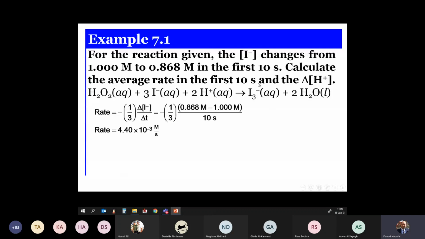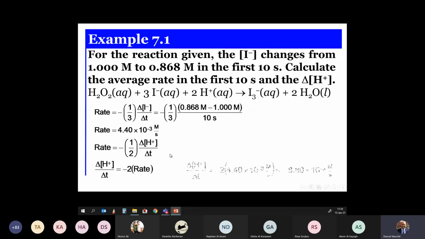We can calculate the average rate of I minus for delta t equal 10 seconds, which equals 0.868 minus 1 divided by 10, with the rate being minus delta I minus divided by delta t. This average rate of I minus divided by the stoichiometry 3 gives the average rate of the reaction for delta t equal 10 seconds. And the same for delta H plus.